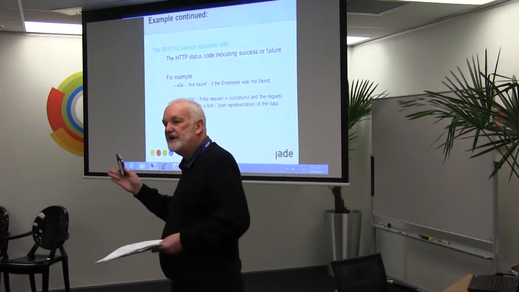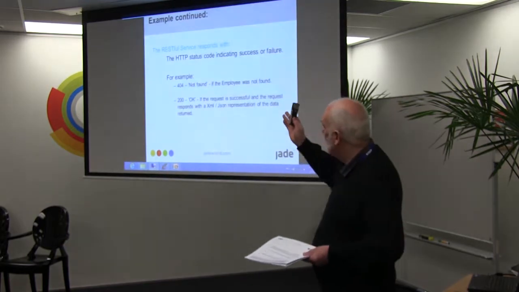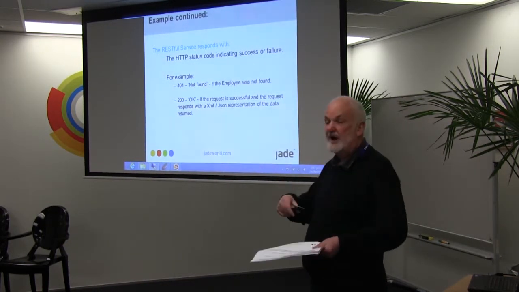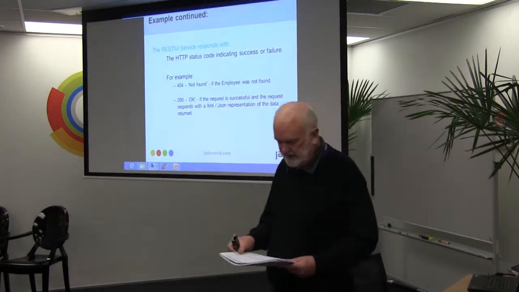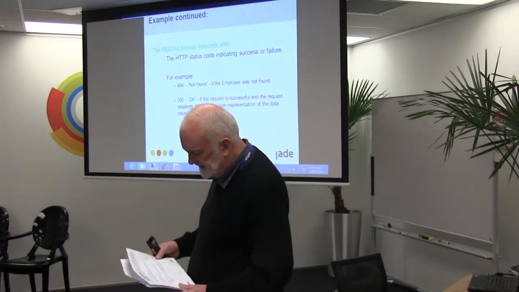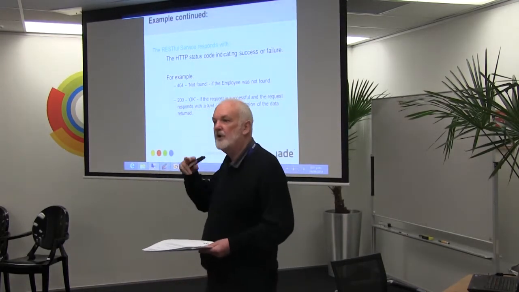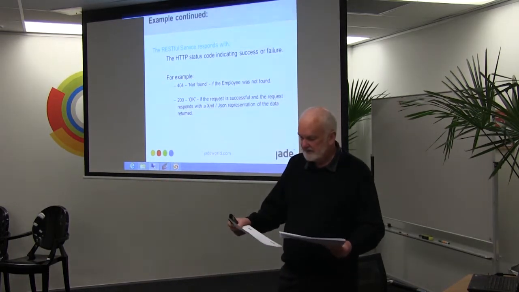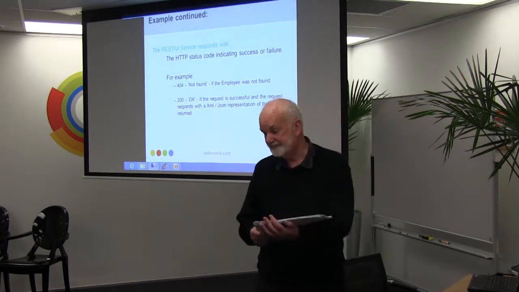Yes, I created that brand new customer, whatever. Whereas the 404 is meant to indicate, is telling the client that, no, I couldn't find that customer. Now you'll see that in Jade, it's up to you. You can define your application to use this or not. It's up to the way you want to design your system. But this is the way that REST is supposedly meant to work.